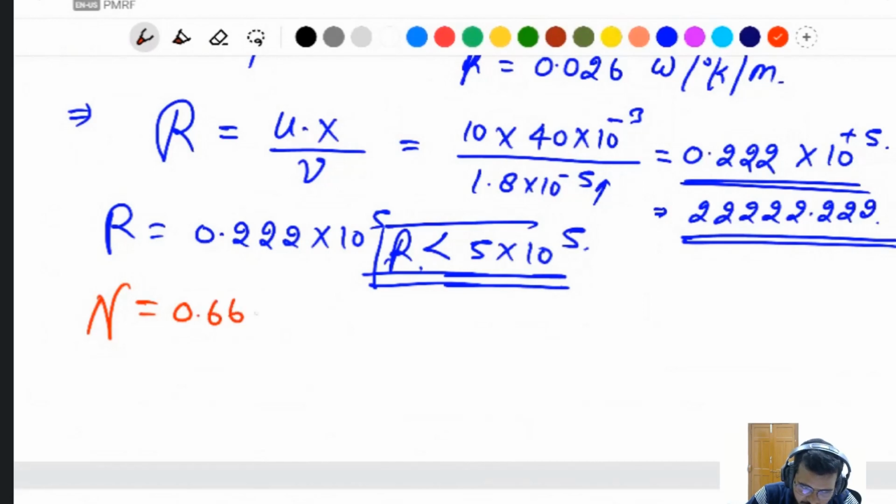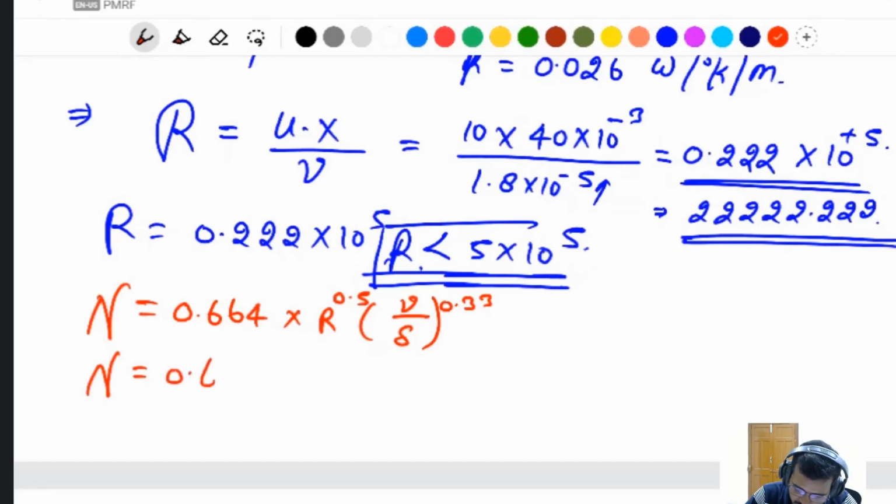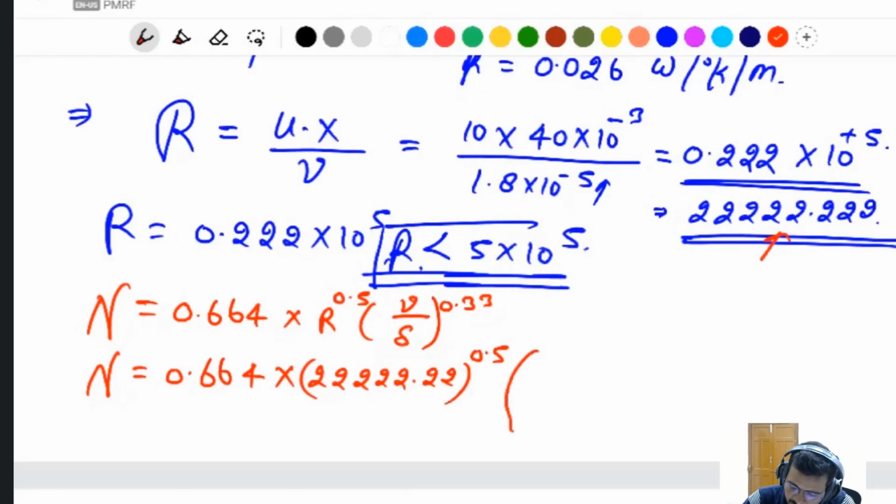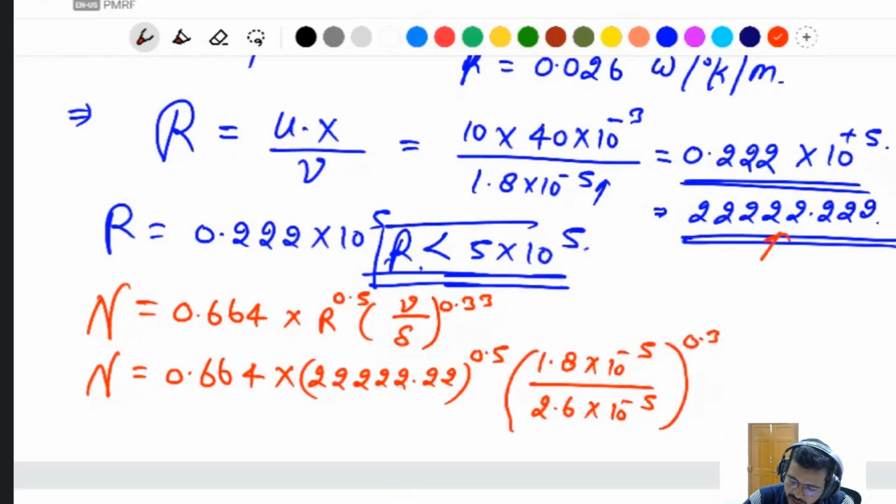So 0.664 into Re to the power 0.5 into viscosity divided by diffusivity to the power 0.33. Take the whole number 2.22 into 10 to the power 5, to the power 0.5, into viscosity 1.8 into 10 to the power minus 5 divided by 2.6 into 10 to the power minus 5, to the power 0.33.